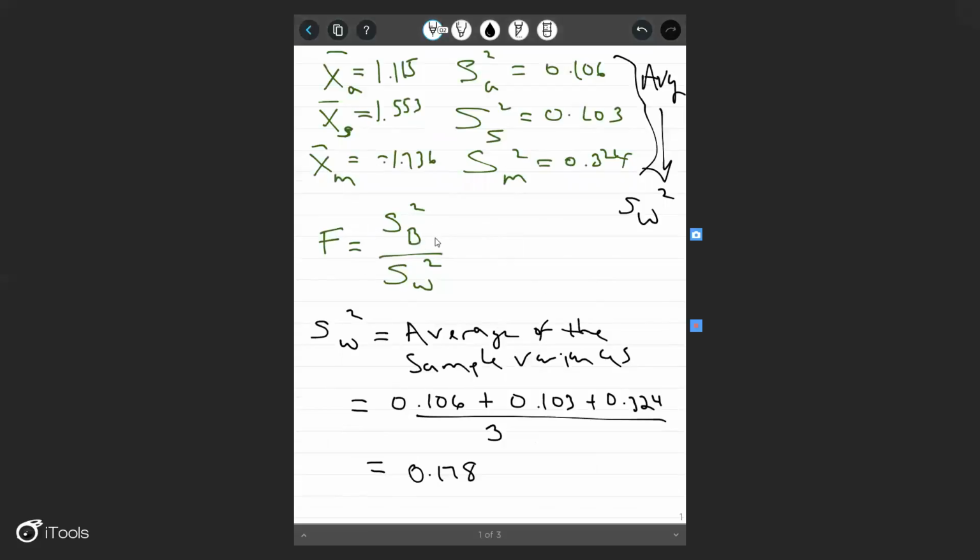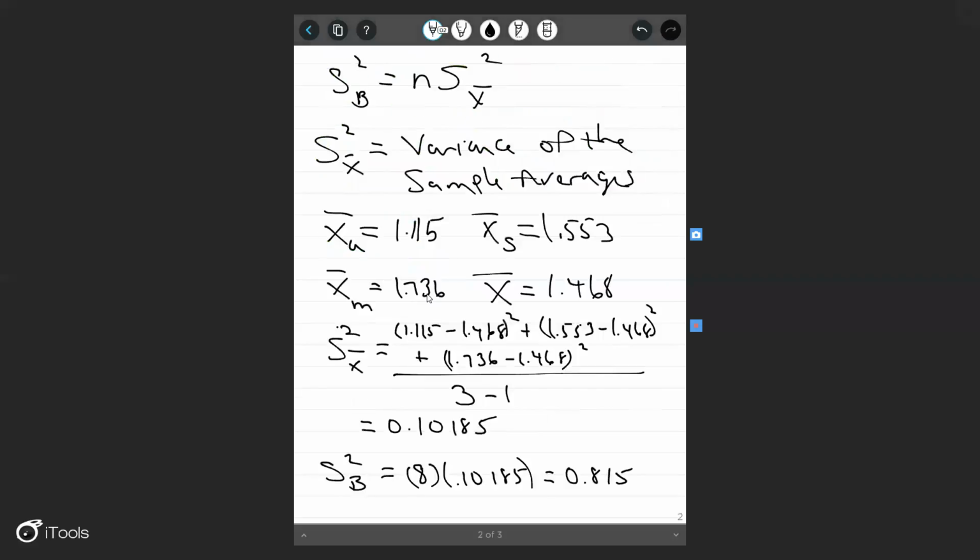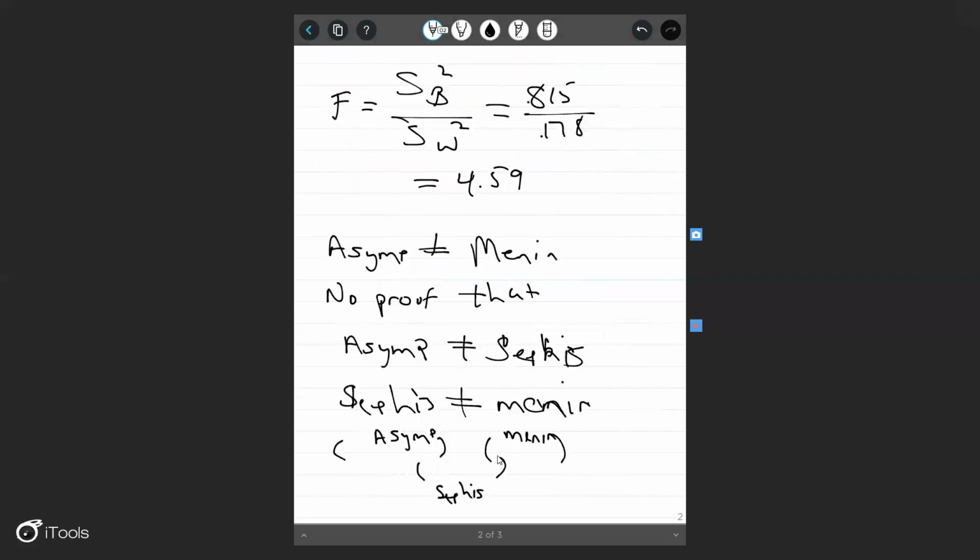So I would ask you to calculate the between variance or the within variance. I may ask you to calculate S sub x bar squared from the information. I could also, to make it a little easier, give you S sub x bar squared, so that all you had to do was know the relationship between S sub x bar squared and S sub b squared to simplify those calculations. I could ask you to calculate the F test statistic from those two values.